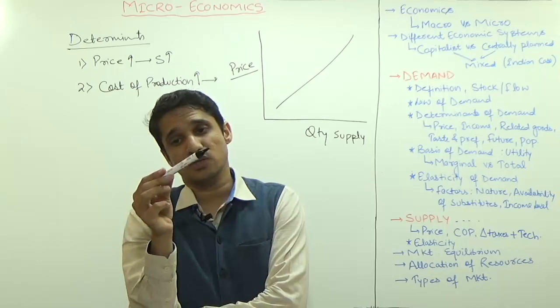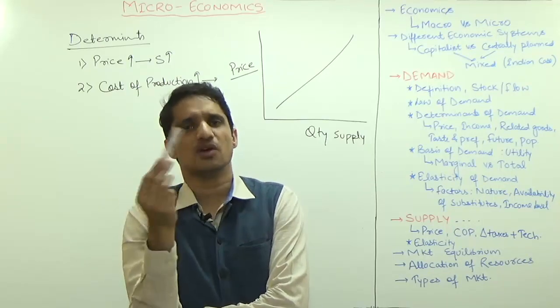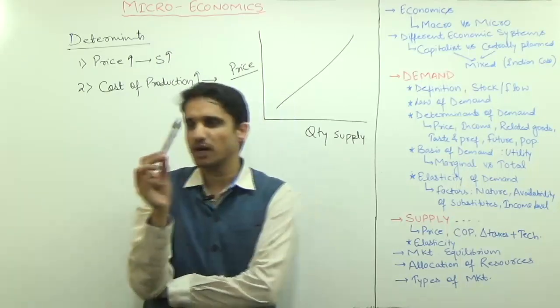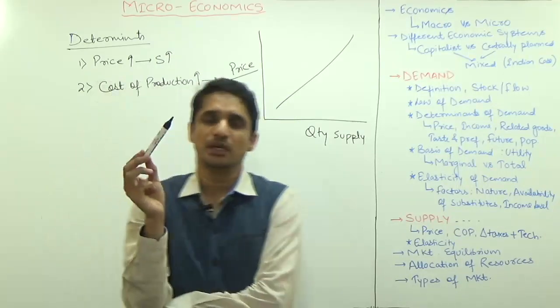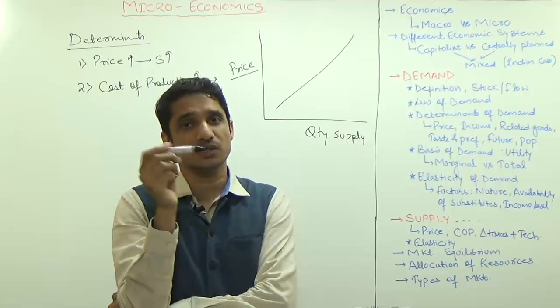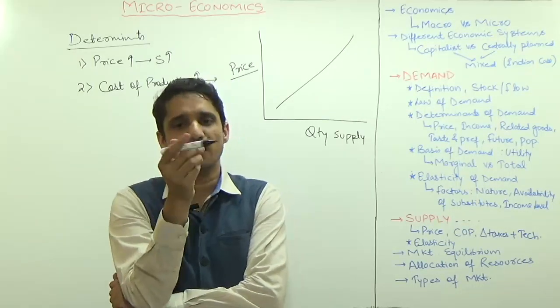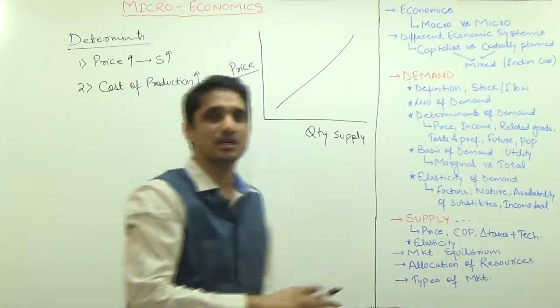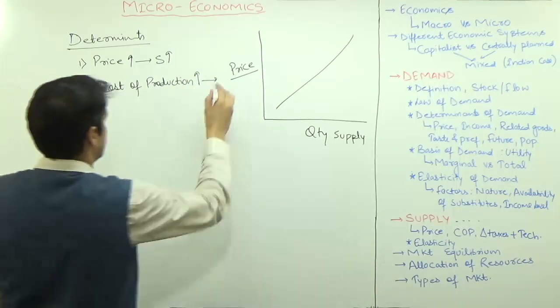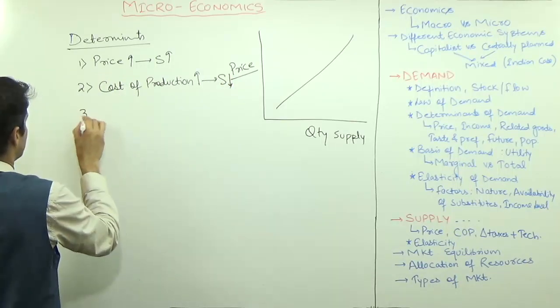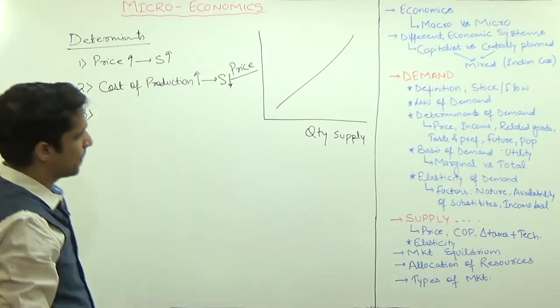Now suppose the cost of production increases, the labor cost, maybe the raw material cost, and the cost of production becomes 25 rupees. So the margin of the company is decreasing. So the company, rather than producing this pen, may produce some other thing. So the supply will decrease. If the cost of production is increasing, the supply is going to decrease.